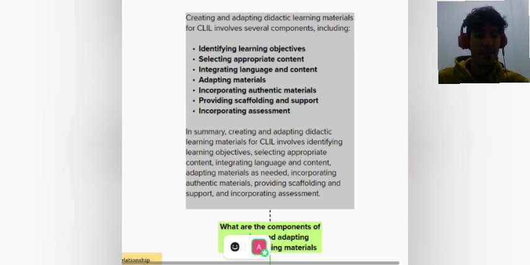I go forward with the next step about the educational system that is used by the teacher in the CLIL classes.